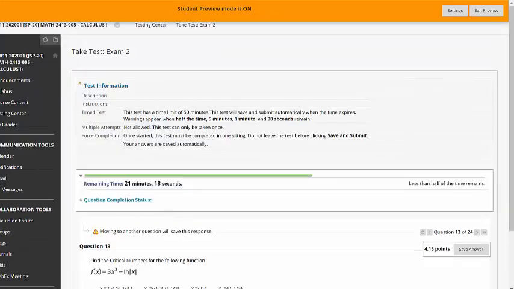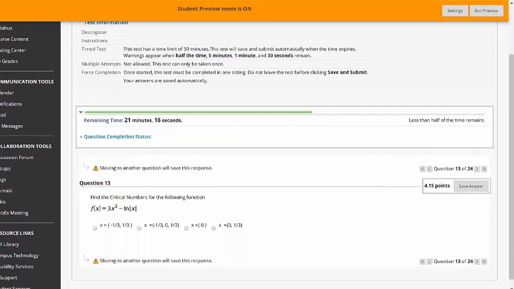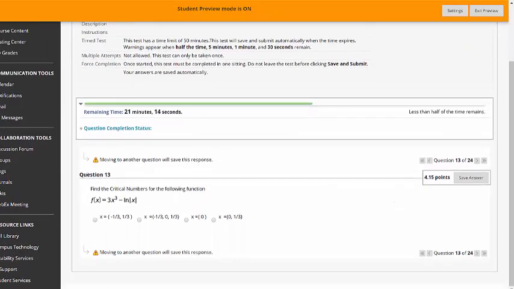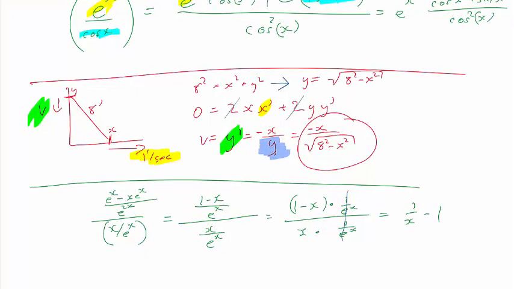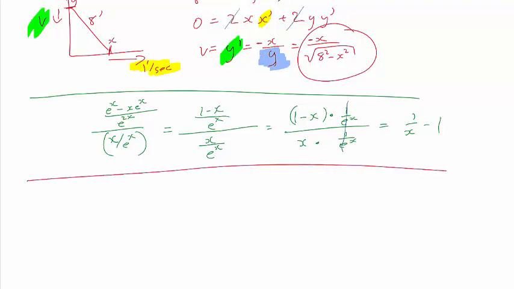Alright, find the critical numbers for the following function. Critical numbers occur when the derivative equals 0, so we need to take the derivative of this function, 3x squared minus natural log of x. First we want to know what f prime equals.